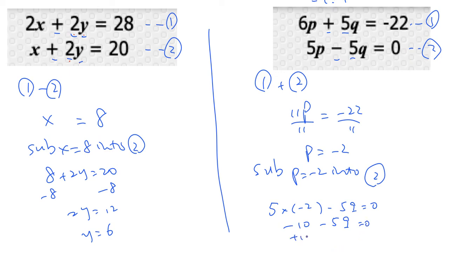And we add 10 to both sides. So we have negative 5q equals 10. The way to get rid of negative 5 is to divide both sides by negative 5. So q is equal to 10 divided by negative 5. That equals negative 2 also.